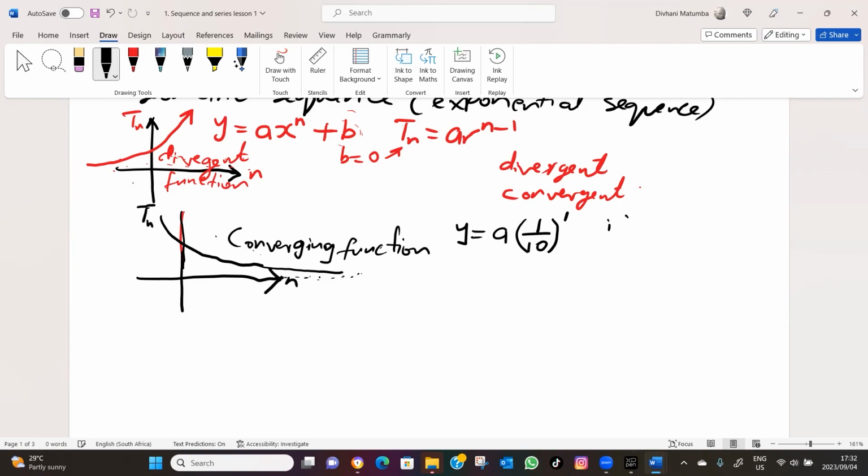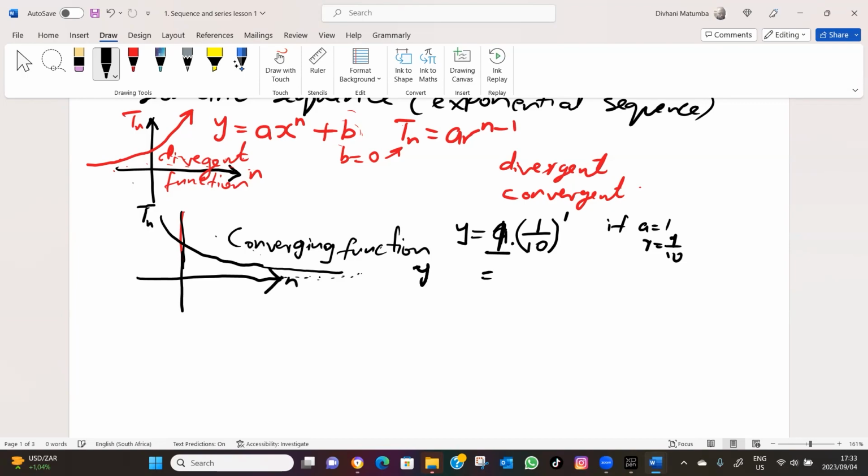For instance, if a equals 1 and r equals 1 over 10, then this is going to be 1.